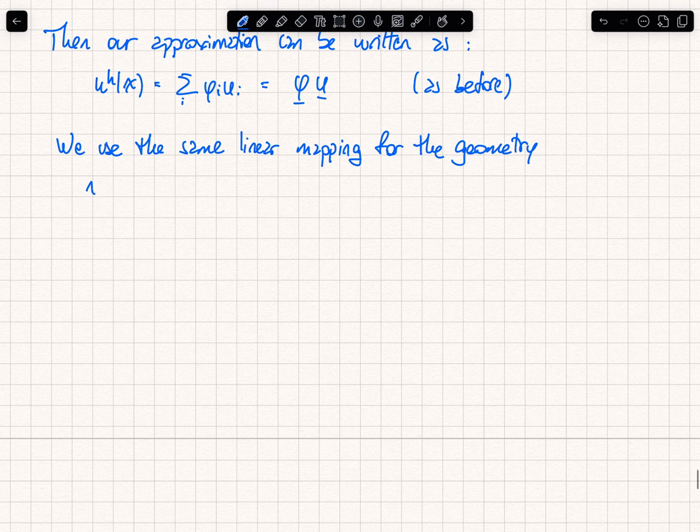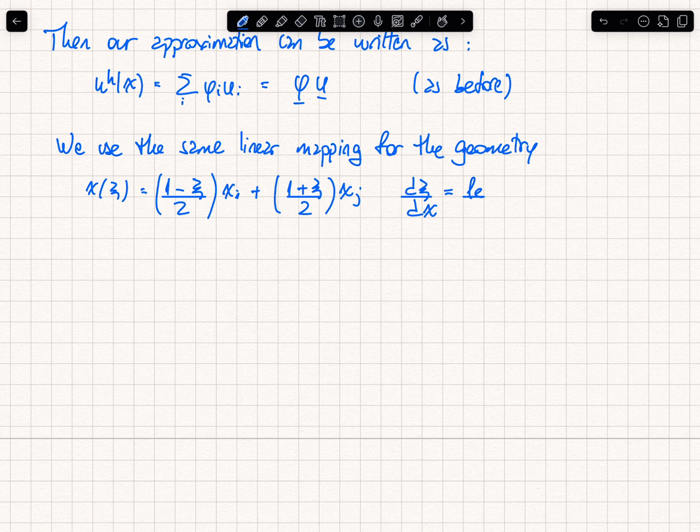And so my x as a function of xi is equal to (1 minus xi) divided by 2 times x_i, that is the left node, and so now the Jacobian remains exactly the same as in p-FEM. Okay?